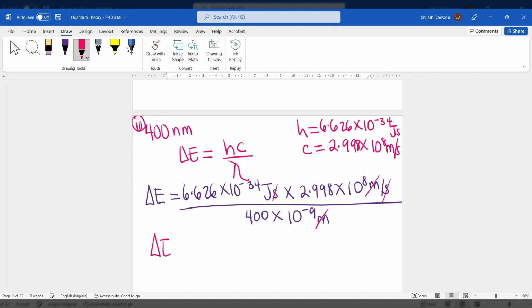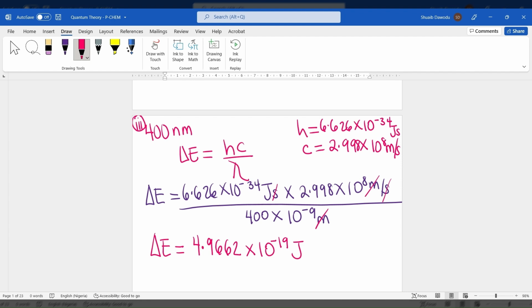So ΔE is just going to be 6.626 times 10 to the power of negative 34 times 2.998 times 10 to the power of 8, divided by 400 times 10 to the power of negative 9. We end up with 4.9662 times 10 raised to the power of negative 19 joules.